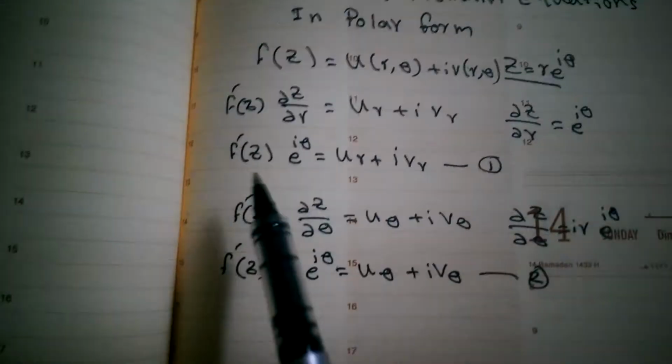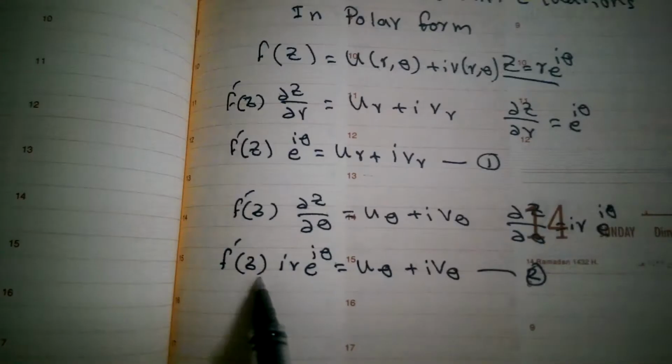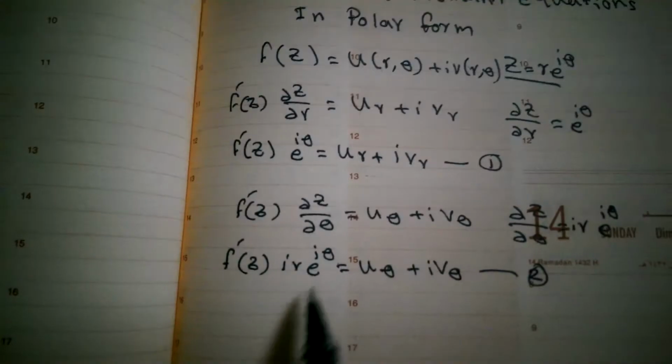Let's look at equation number 2 and equation number 1. It's f dash of z e to the power i theta.